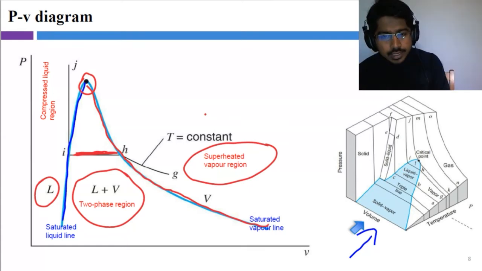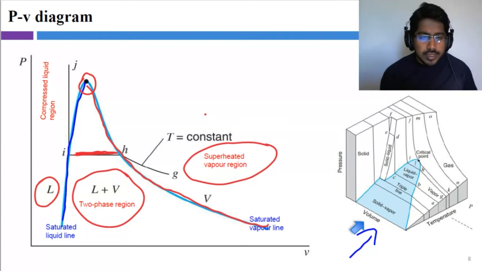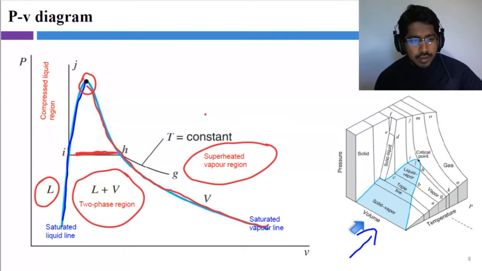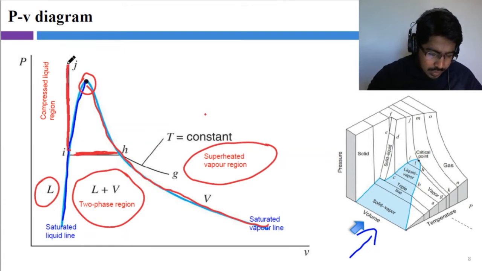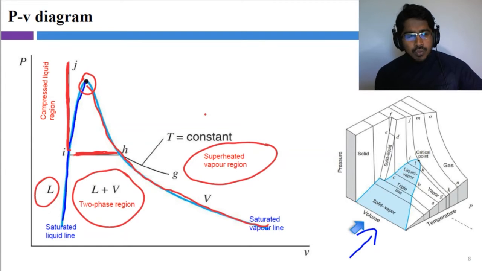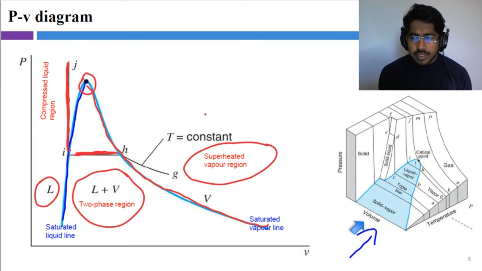In this graph, I want you to observe one more important fact. You can see that this line is an isothermal line, right? What can you say about this line, about the angle? What do you observe?